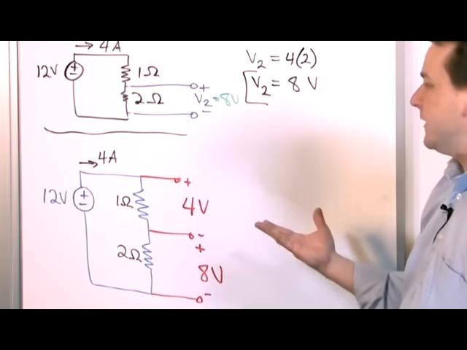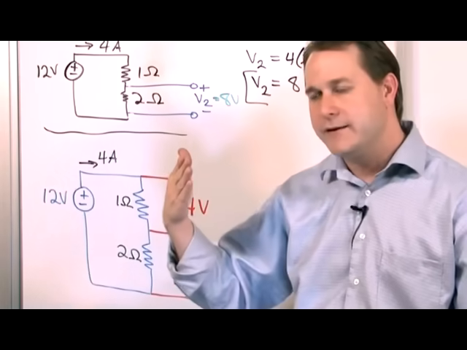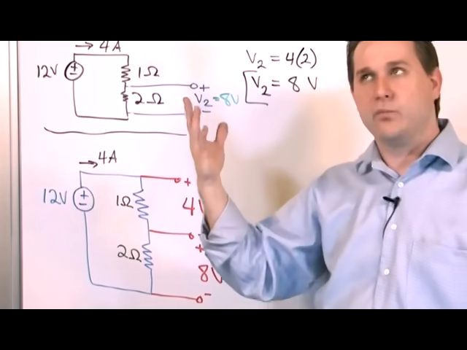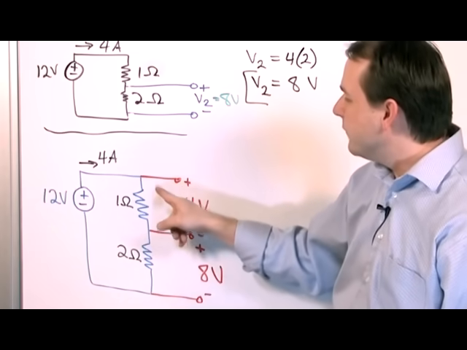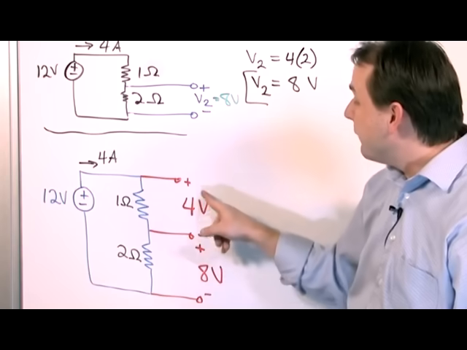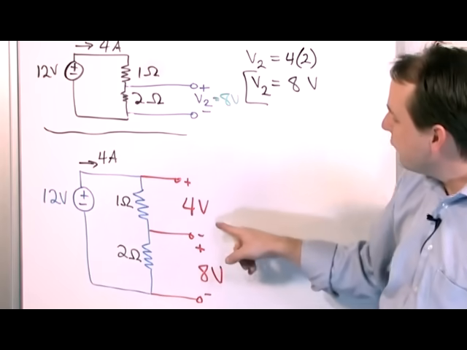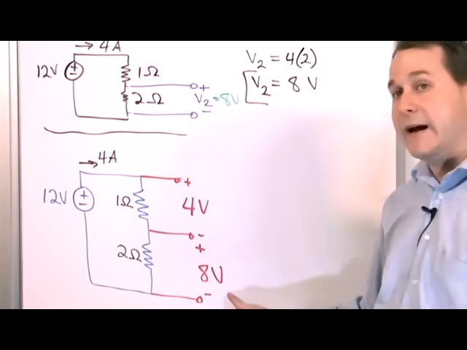Thinking about the mountain analogy, right? We climb up this mountain to the top, energy-wise, and we're at the top, so it represents 12 volts, let's say. Now, we come down a little bit, down the mountain through this one, and we bleed off a little bit of the energy. So we bleed off 4 volts worth down here. But there's still lots and lots of mountain left, so once we get all the way down to the bottom, we bleed off the remaining 8 volts.